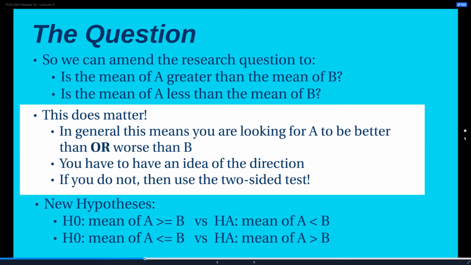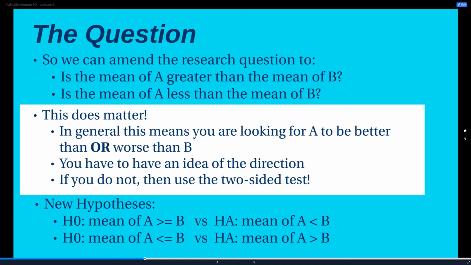In a one-sided test, we're simply looking at one of those questions, and this really does matter. We are looking for A to be better than or worse than B, just one of those, not both. And you have an idea of the direction. If you don't have an idea of the direction, then use the two-sided test.